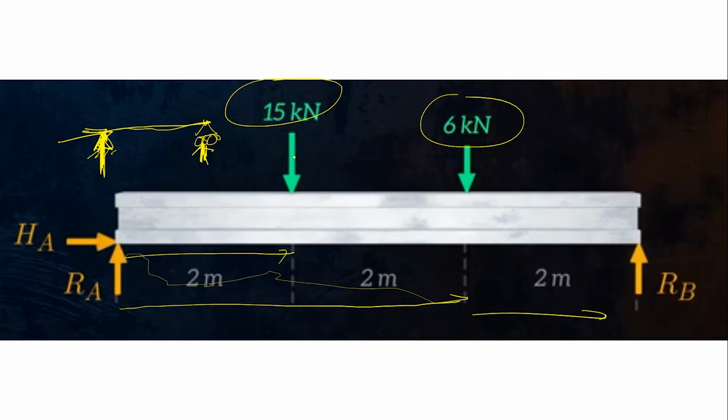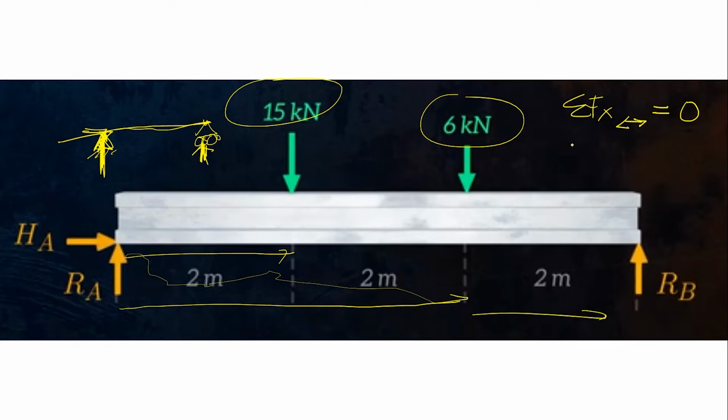So how do we solve this? Can we solve this together? For example, I want to analyze the summation of forces along horizontal x, positive to the right, left to the negative, must be in equilibrium or equal to 0. What are the forces involving the horizontal direction?